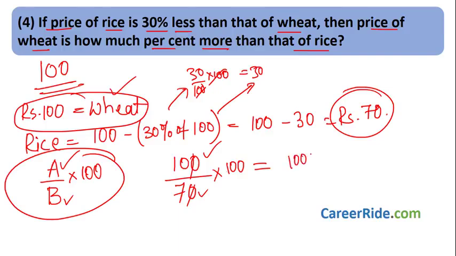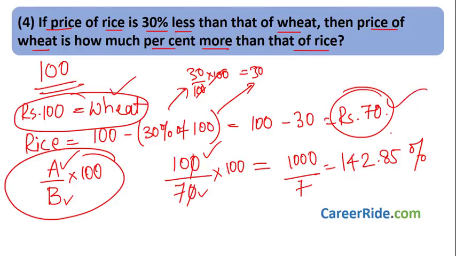We have 1000 divided by 7. 7 1s are 7, 30, 7 4s are 28, 2 and 7 2s are 14, 60 and 7 8s are 56, 40 and 7 5s are 35, and so on. So approximately 142.85%. See how the value of wheat is 142.85% times of rice.